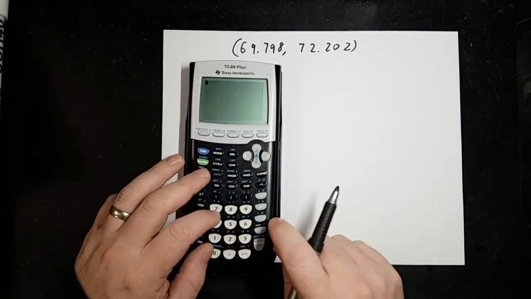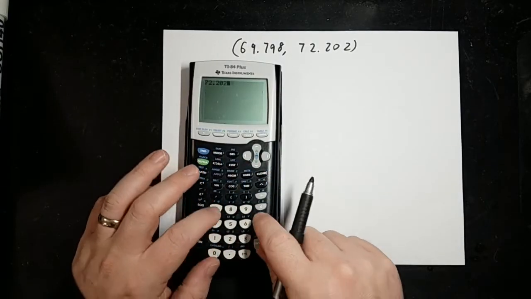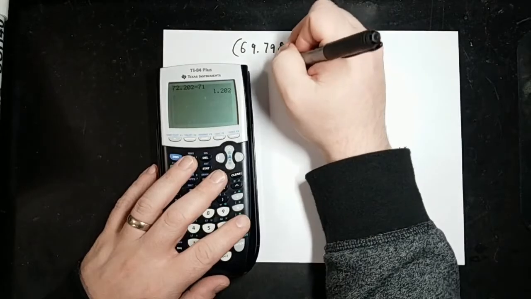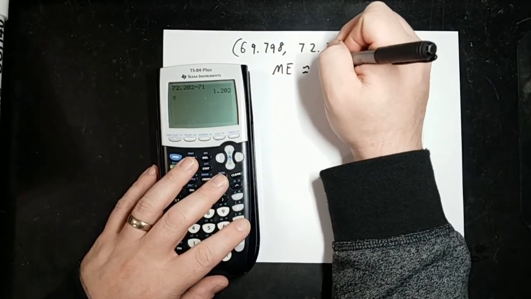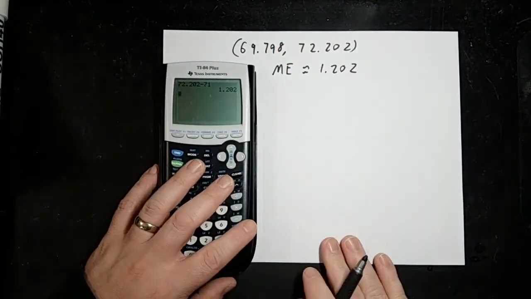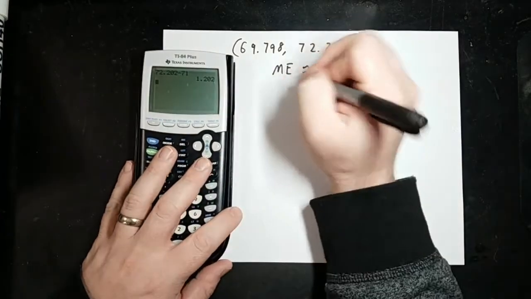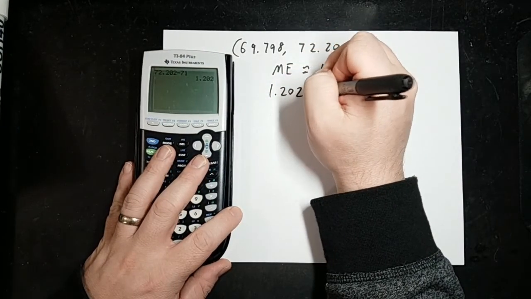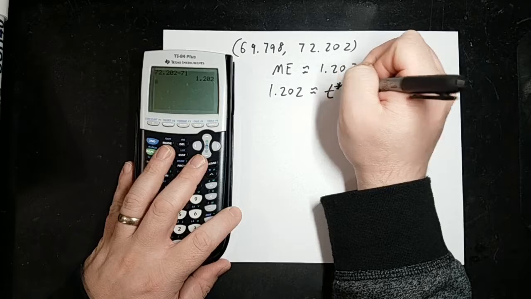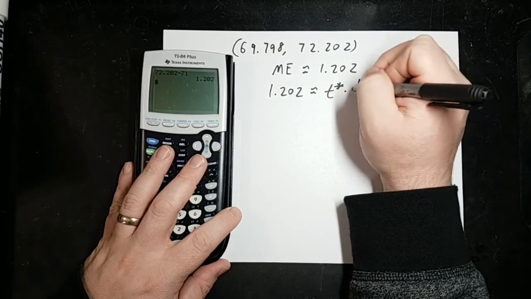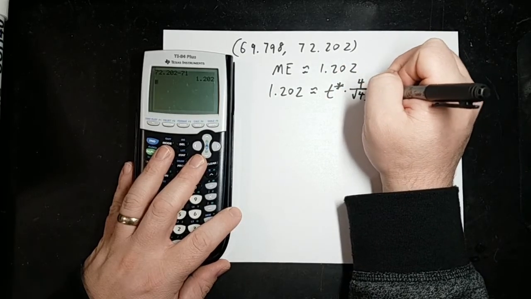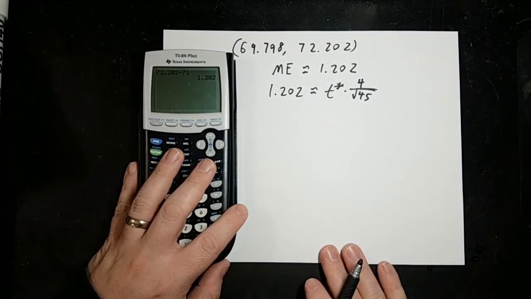If I were to go 72.202 minus 71, that would give me a margin of error of approximately 1.202. Now, that margin of error, 1.202, is approximately equal to t star times the sample standard deviation over the square root of the sample size.